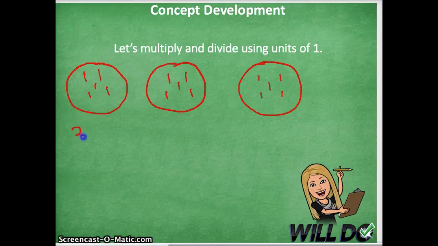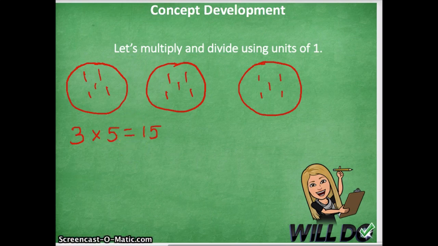That's right, we have 3 groups, multiplied by how many in each group? Great, we have 5. And all together we have, very good, 3 times 5 equals 15.